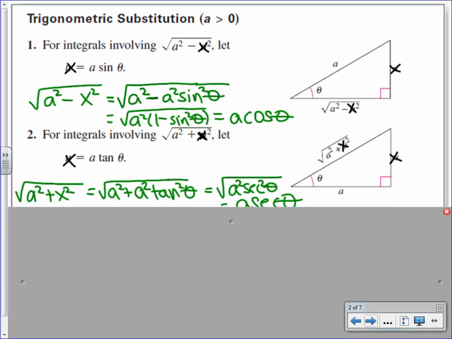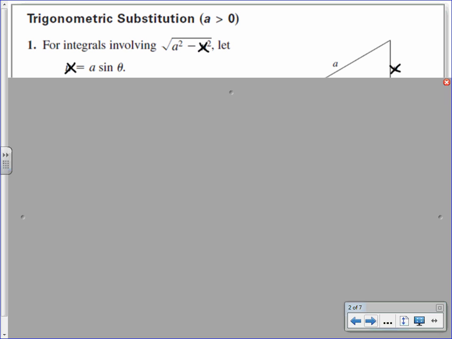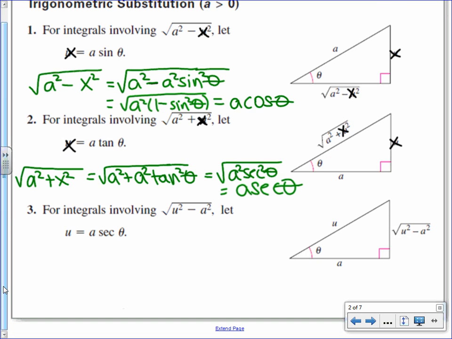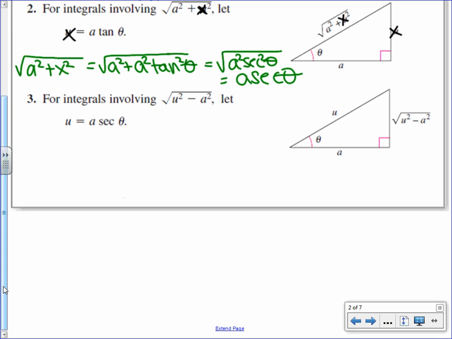And then our last scenario would be the square root of x squared minus a squared.